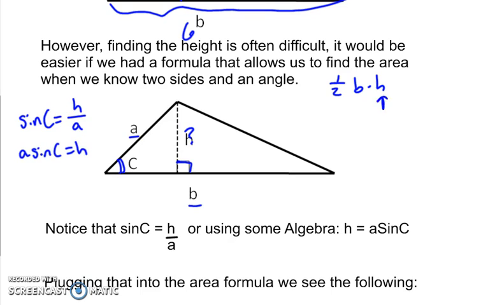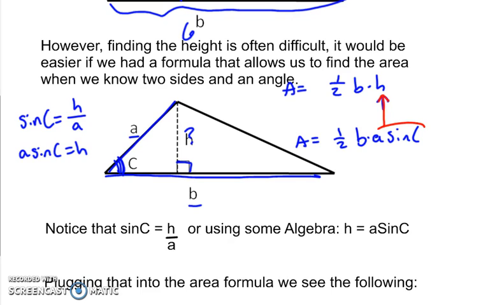So doing some substitution in here, another formula for the area for any triangle is 1/2 the base times the side a, which is the included side. So I have two included sides here, a and b, and they include to make angle C, and C is the included angle between those two sides, times the sine of C. All I did was replace this h with this.